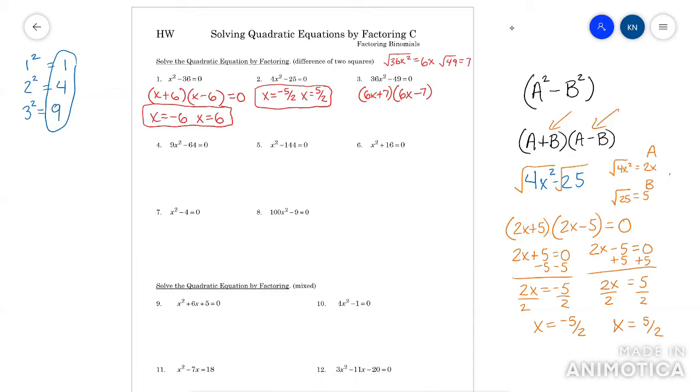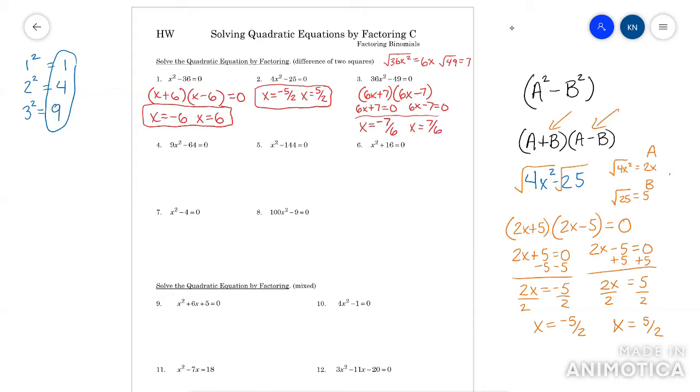Like I could have wrote 6x minus 7 and then 6x plus 7. The order doesn't really matter with these. Set each of these factors equal to 0 and solve. And you're done with it.